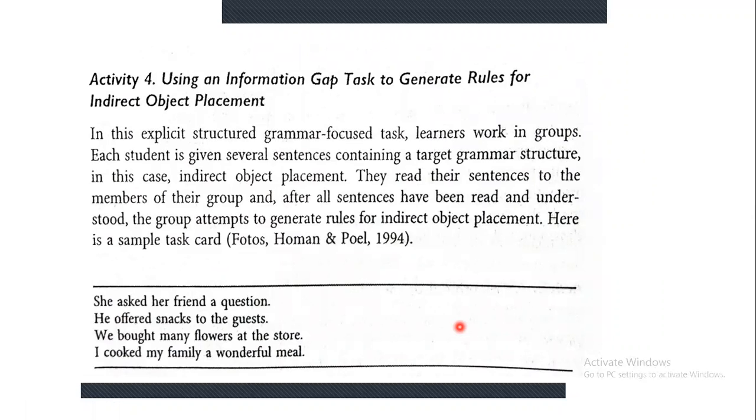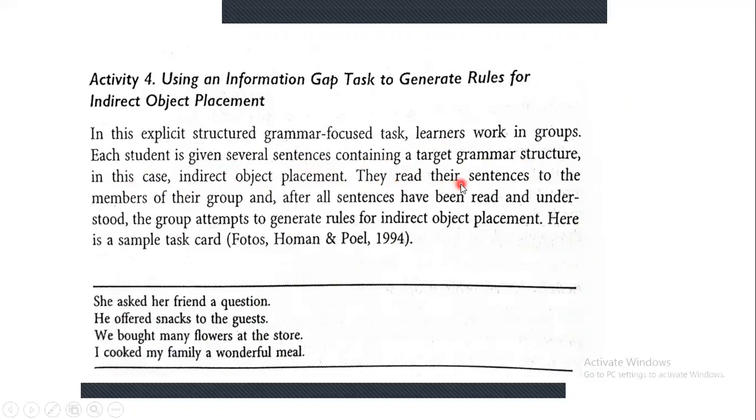Activity 4. Using an information gap task to generate rule for indirect object placement. In this explicit structure grammar focused task, learners work in groups. Each student is given several sentences containing a target grammar structure, in this case, indirect object placement.